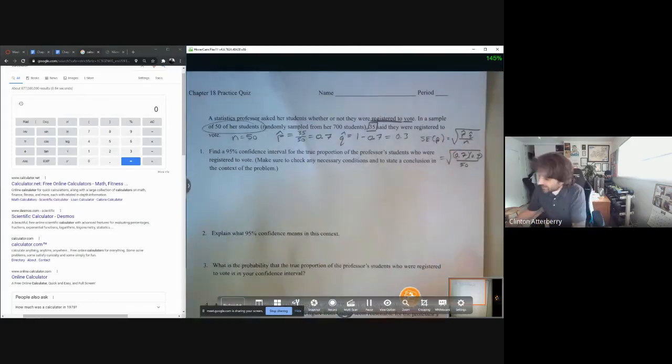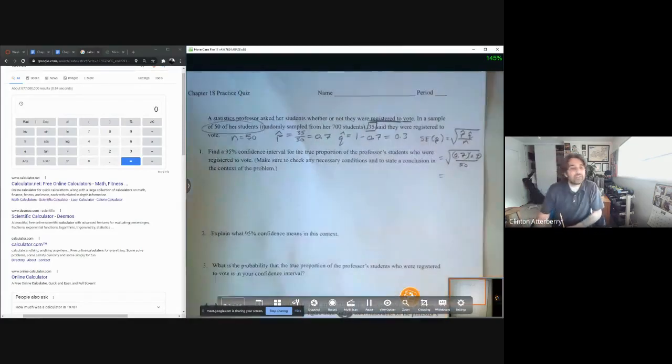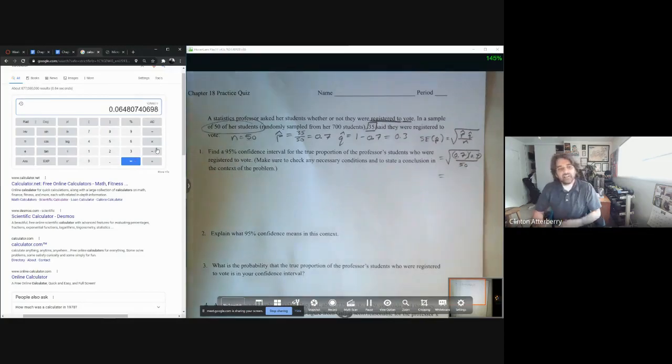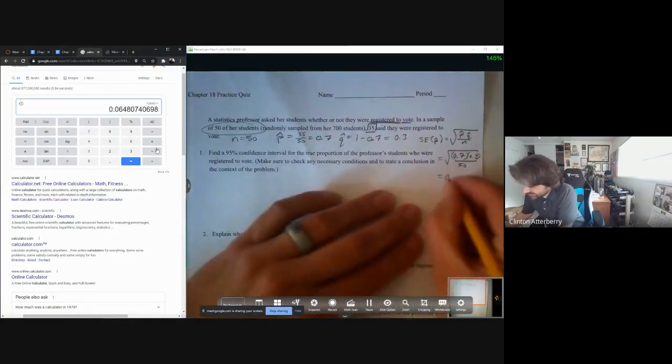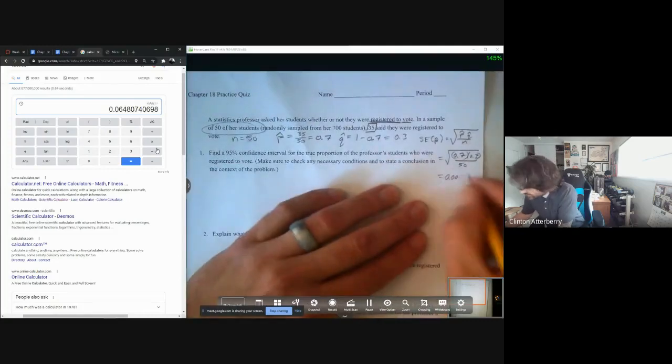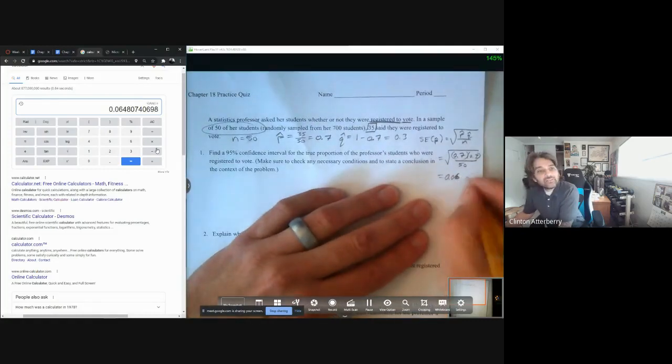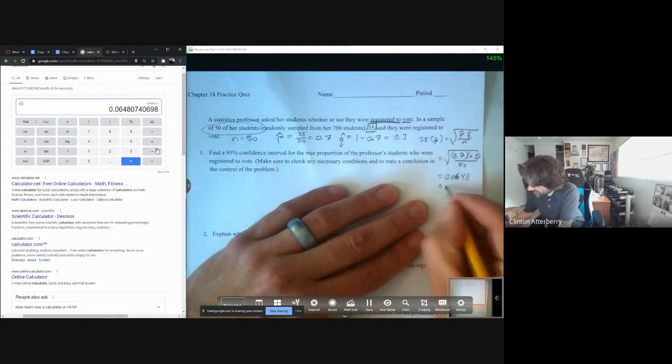Now if you calculate this, I'm going to do 0.7 times 0.3, divide that by 50, take the square root of that last answer, and I get a big number, like 0.48 something rather. I don't know. Let's just knock that down to 0.065.